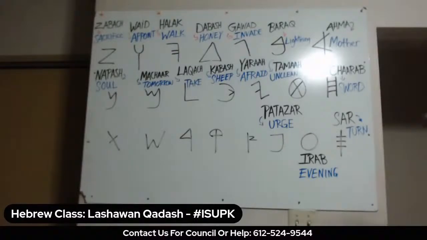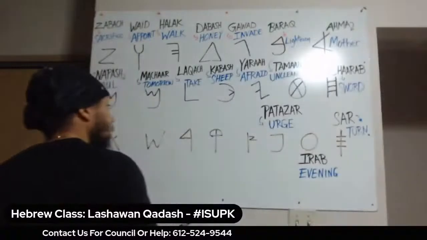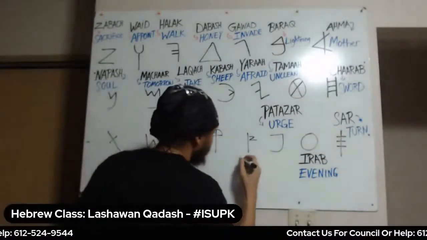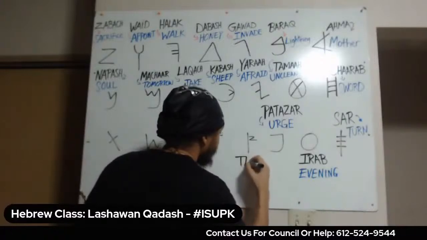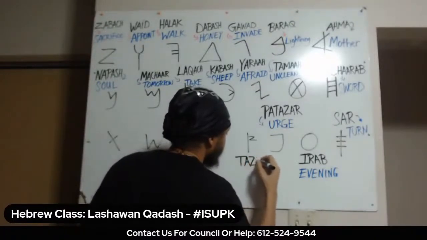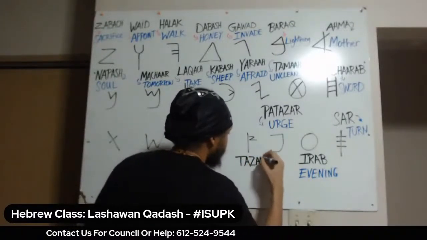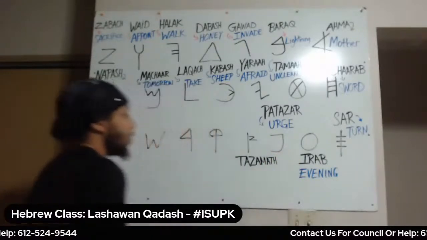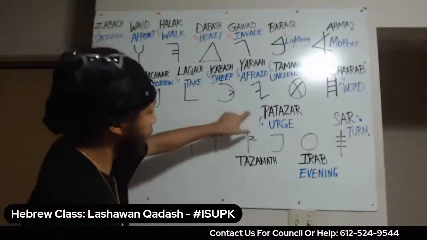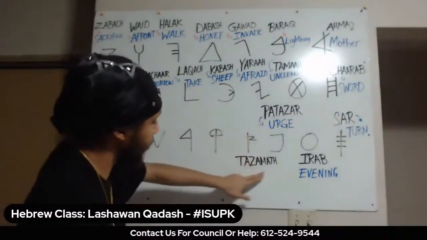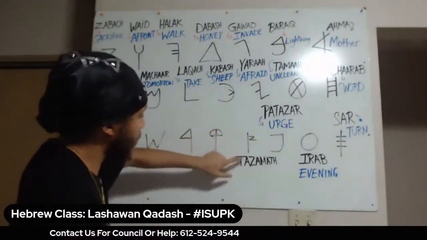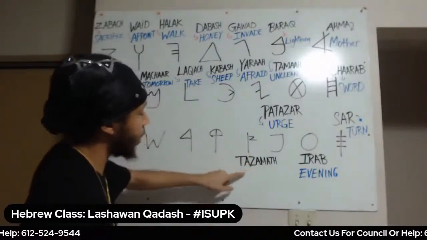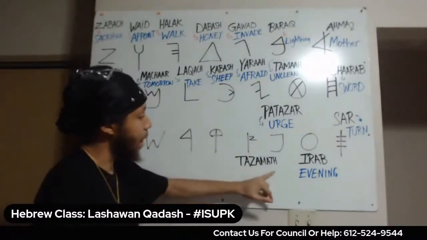All right, this right here is tazah. Okay? So, yeah, tazamah. So this is right here. It might run over a little bit underneath. Don't worry about that. Tazah, tazah, tazah. So the word is tazamah.